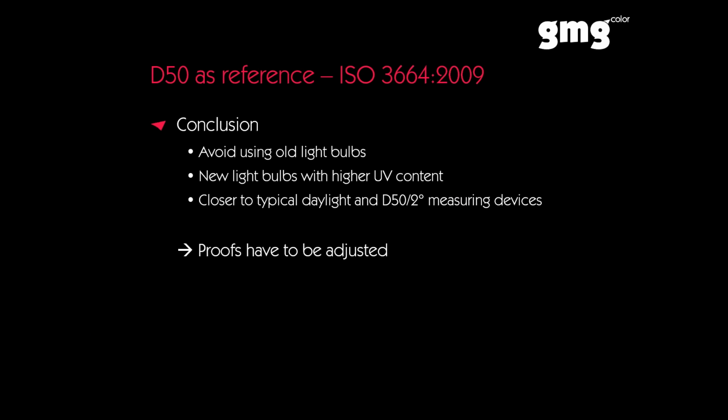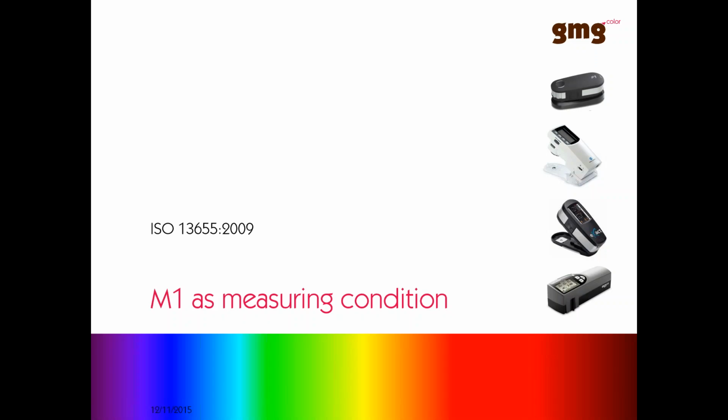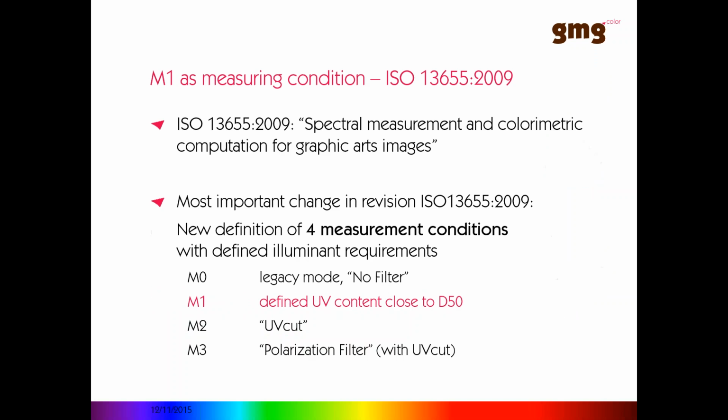Then let's jump to the next topic, the new measuring condition M1. In accordance with the new revision for the viewing conditions, we have a new revision touching the measurement conditions. ISO 13655 describes these, and the most important change in this revision is the 4 newly defined measurement conditions.